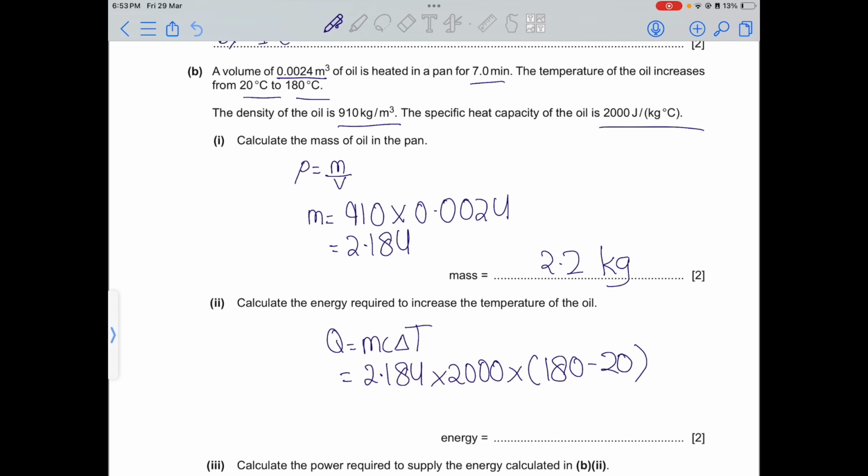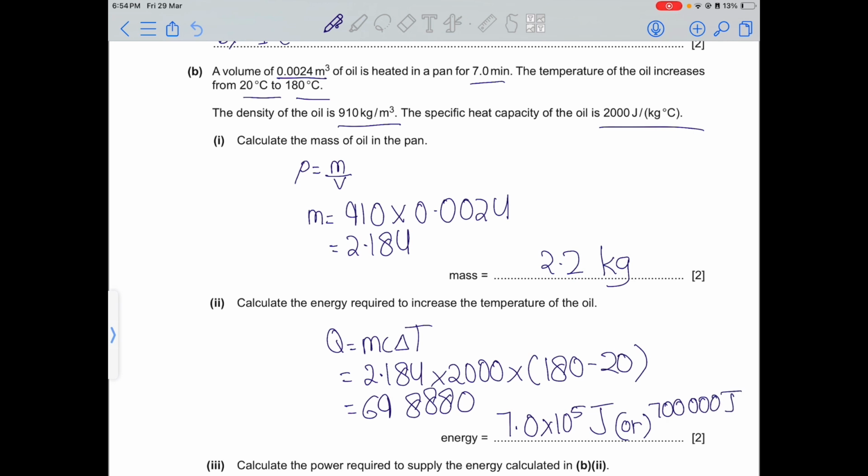So 2.184 into 2000 into 180 minus 20, which is 698880, which is basically 7.0 into 10 to the power of 5 joules. Or you can also say, I'm just putting two options, 700,000 joules.